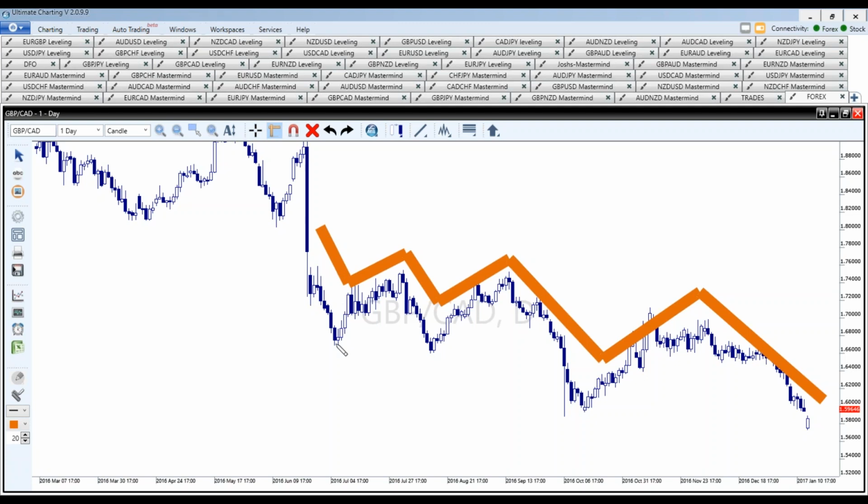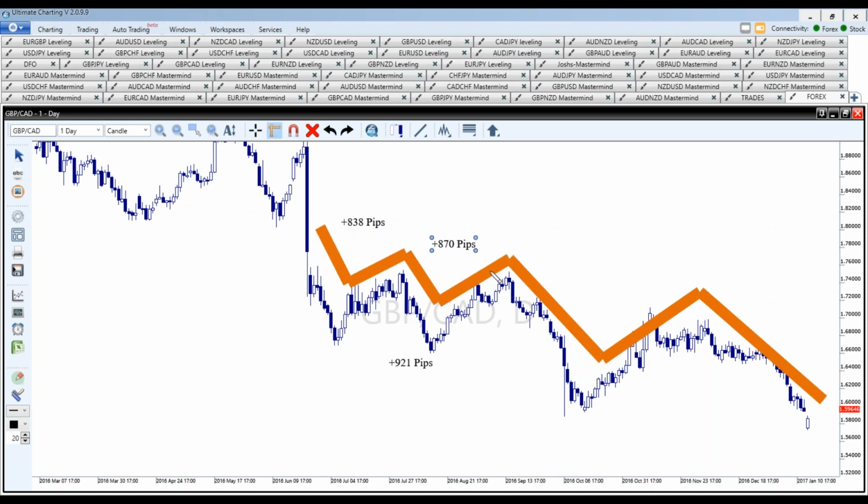When the market went up from this low to this high, that was 838 pips. When the market fell from this high to this low, that was 921 pips. When the market pulled back from this low to this high, that's 870 pips.